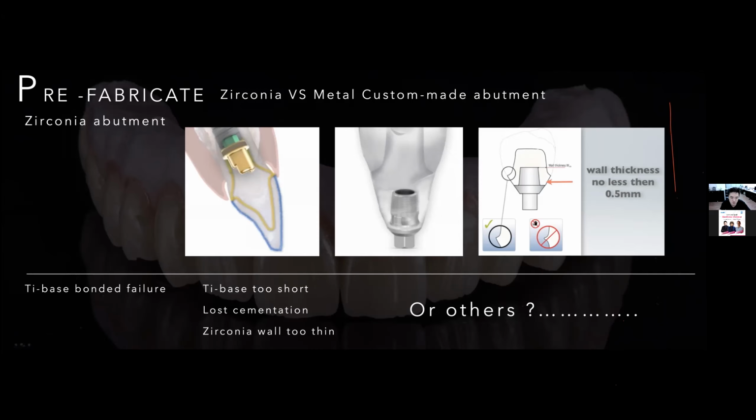So if your final restoration or your abutment is too long or too big, this is not a good way, because you have just a very small space to cement your zirconia. So when you are chewing and biting, or you adjust it, later it will move. And in the patient's mouth, sometimes you will wash out or lose your cementation. So your zirconia and your type base will separate. So this is also not good.